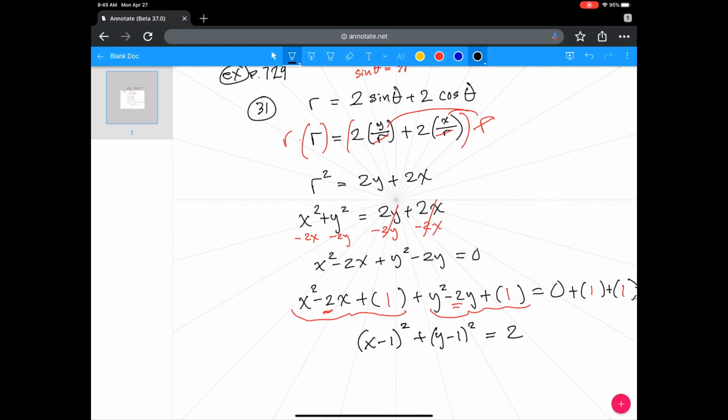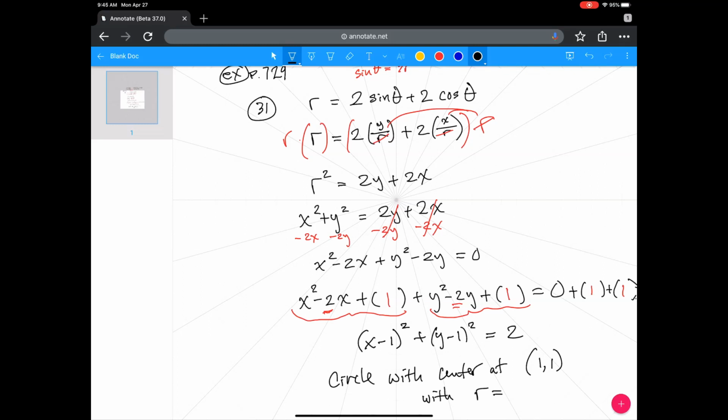And so at this point in this format, hopefully we might recognize this as a circle with the center at the 0 values of the two factors, which is 1, 1, with the radius equal to the square root of the constant.